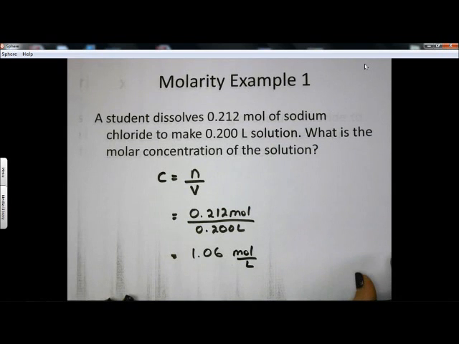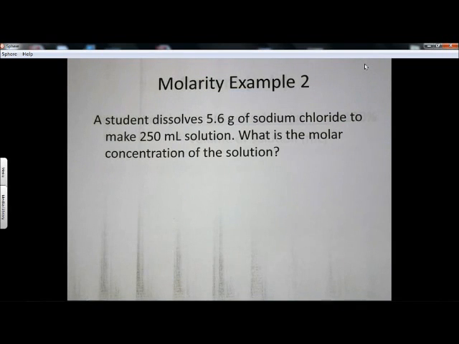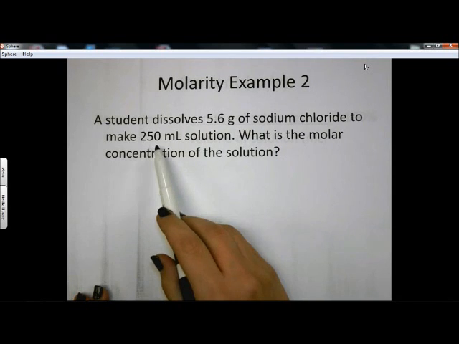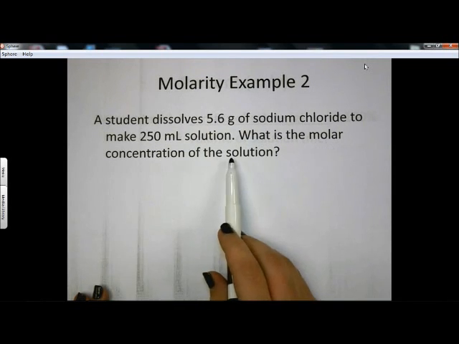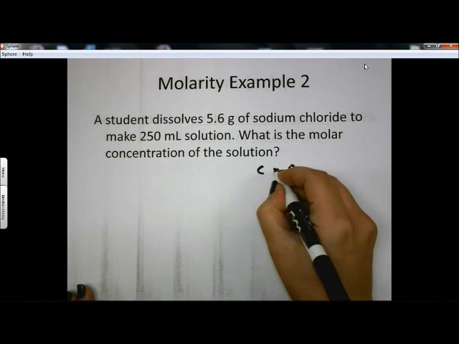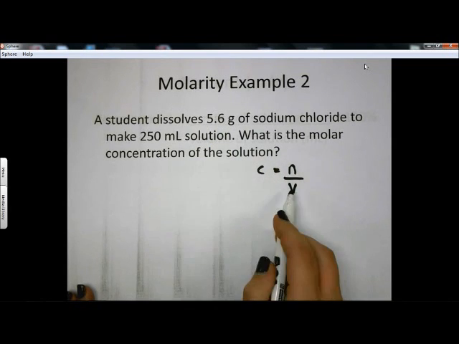Mole example, first one was pretty straightforward. Second one. A student dissolves 5.6 grams of sodium chloride to make 250 milliliters of solution. What is the molar concentration of the solution? Well, we're still going to need that same formula, C equals n over V. But now our n is not in moles, and our volume is not in liters.